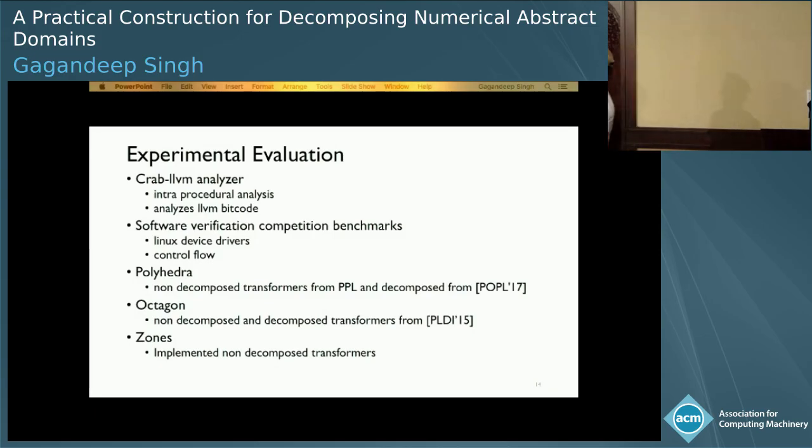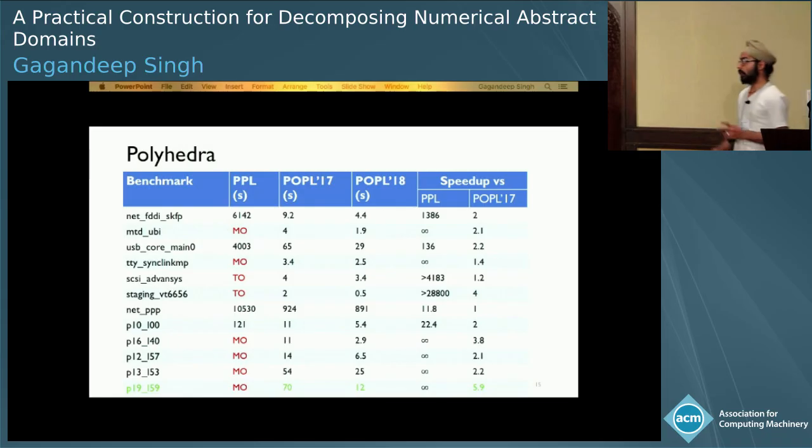For comparing against polyhedra analysis, we used the non-decomposed transformers from the Parma Polyhedra Library and decomposed ones from our previous work from last year. For the octagon domain, we took non-decomposed and decomposed transformers both from POPL'18, and for Jones, we implemented everything ourselves. We used a memory limit of 12 gigabytes and a timeout of 4 hours.